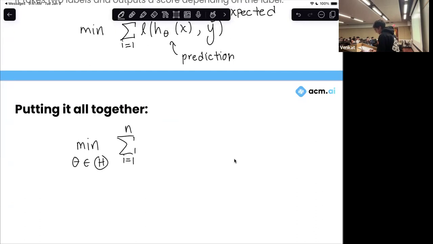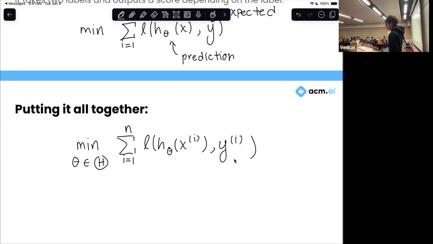So this is what we're trying to solve. Whenever we see supervised learning, every supervised learning problem can be modeled by this function right here. You have some loss function, you have some prediction function, and you're basically trying to minimize your errors.